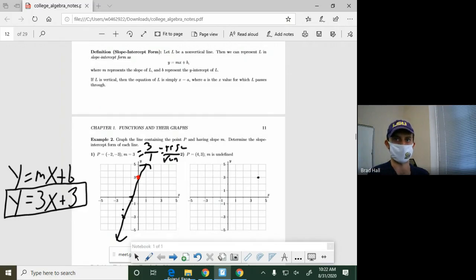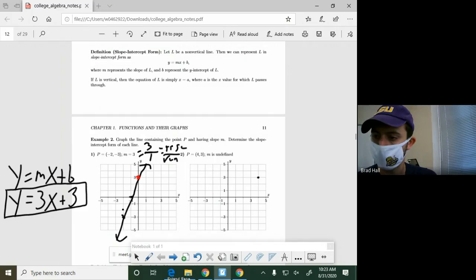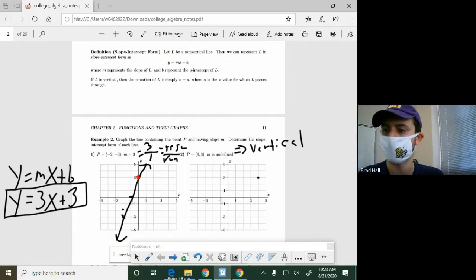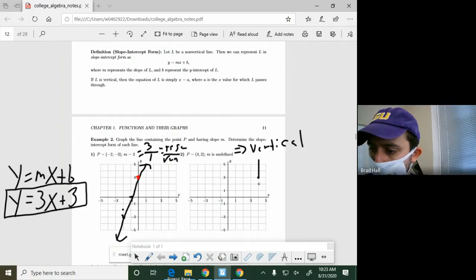What does that tell us about the line? It's vertical. That's what it means for a slope to be undefined: vertical. So we don't even have to find a second point. We just draw a vertical line.